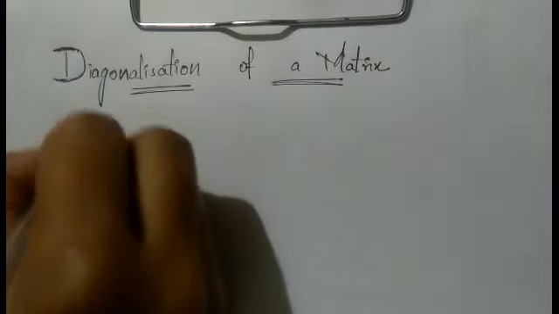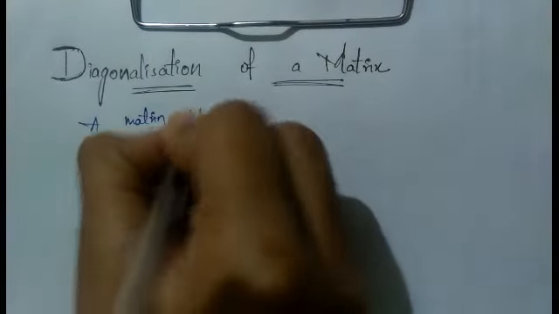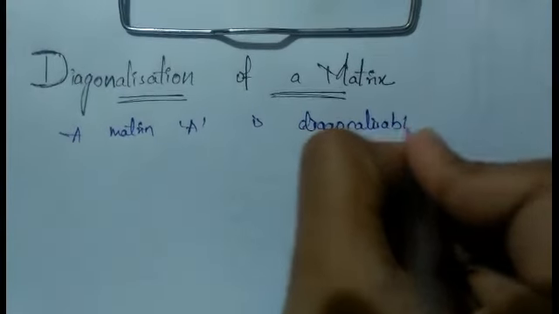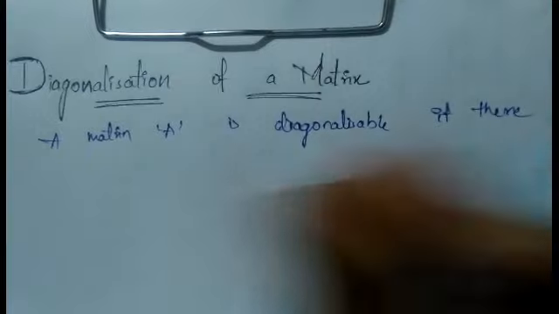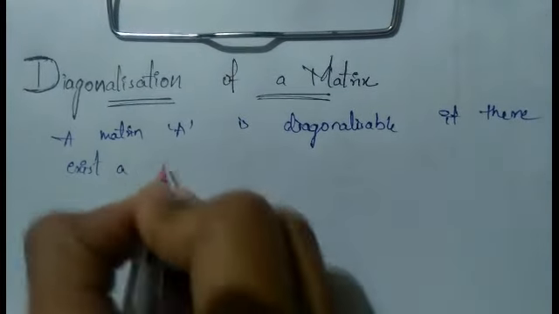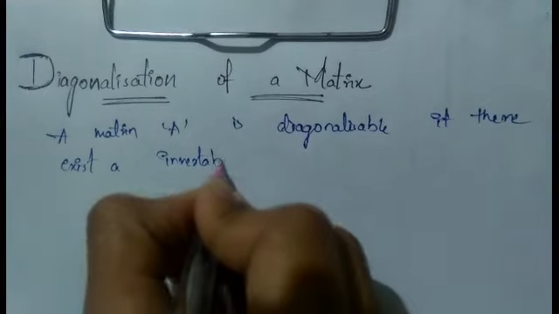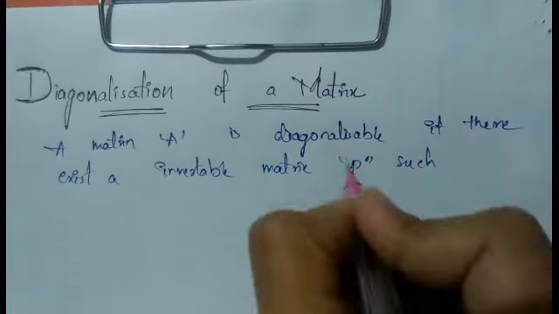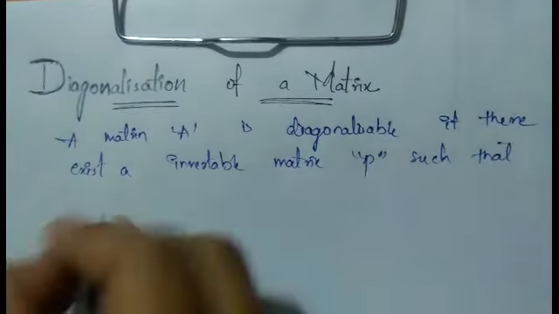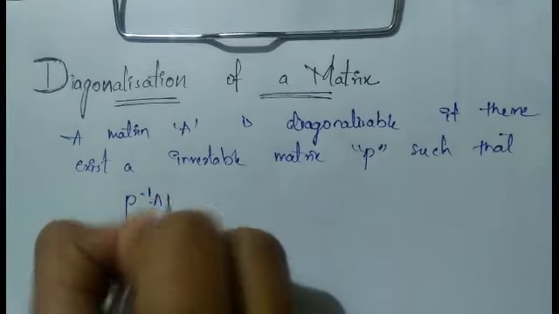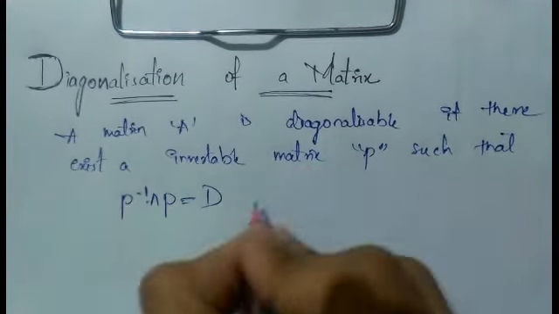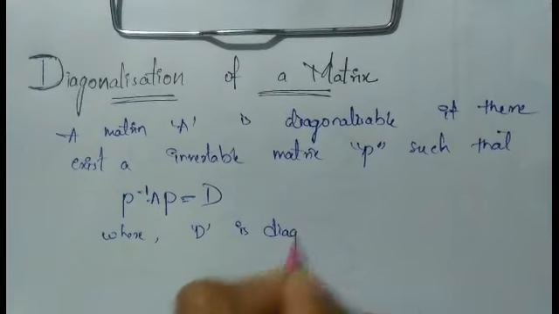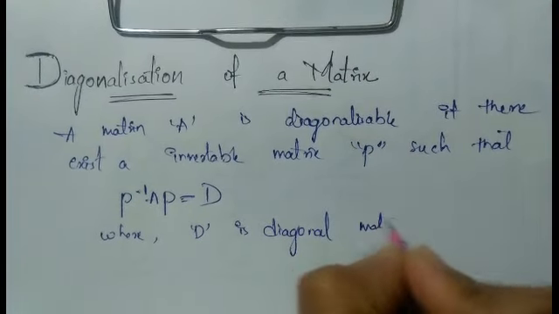A matrix A is diagonalizable if there exists an invertible matrix P such that P inverse A P is called D, where D is called a diagonal matrix.